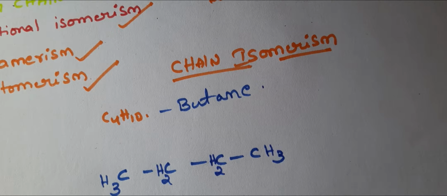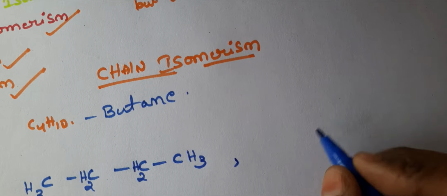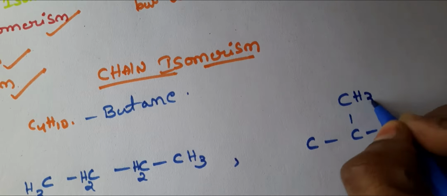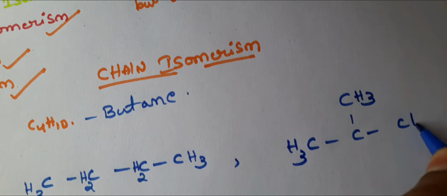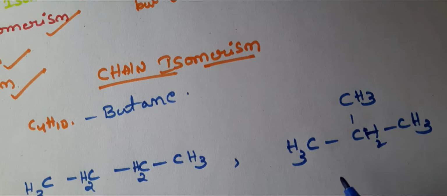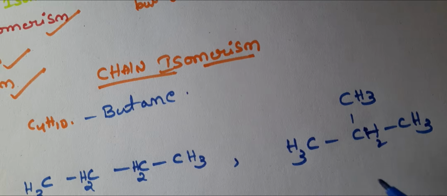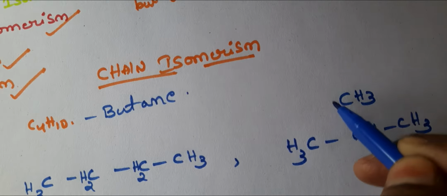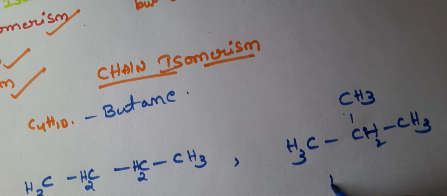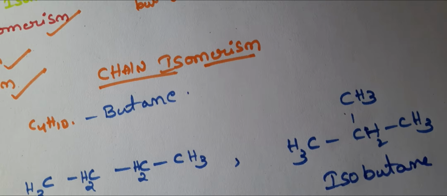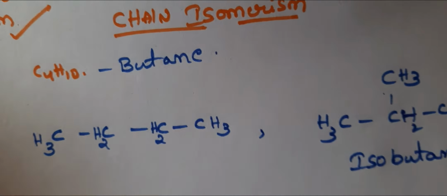We can write butane like this, and we can also write it like this: CH3, CH3, CH3 and CH2. This is also C4H10. This one we call branched, meaning it is a carbon chain but it has a branch. Its common name is isobutane. The common name of the straight one is butane.